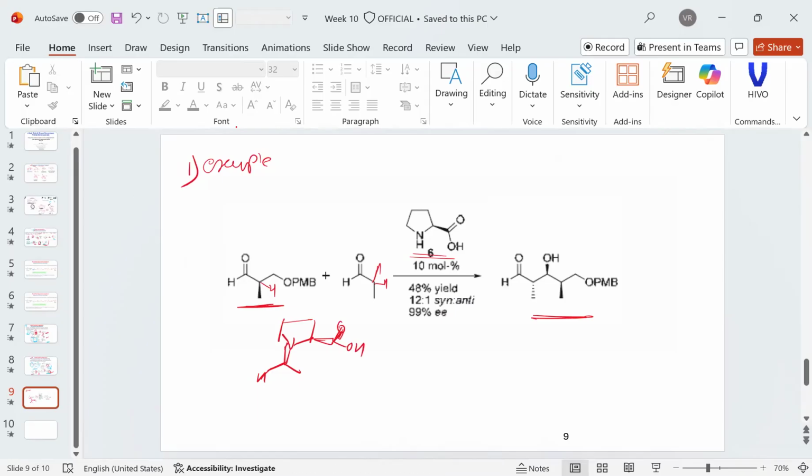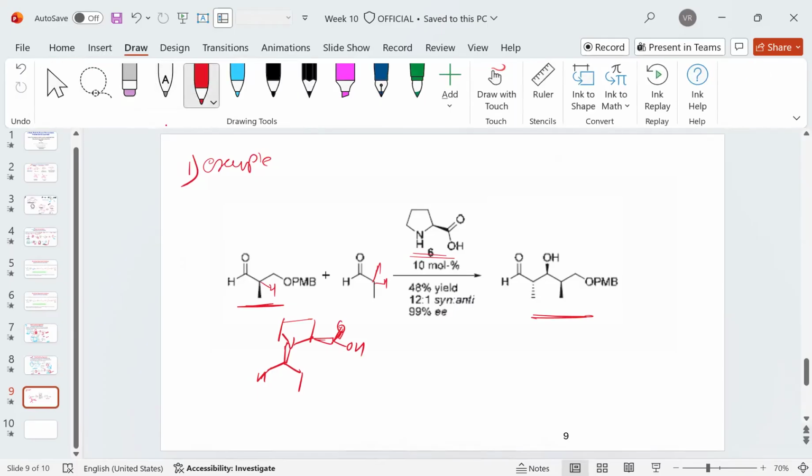Once this imine is formed, this nitrogen gets the positive charge because it becomes tetravalent. So this proton is now converted into the enolate form. Sorry, enamine.